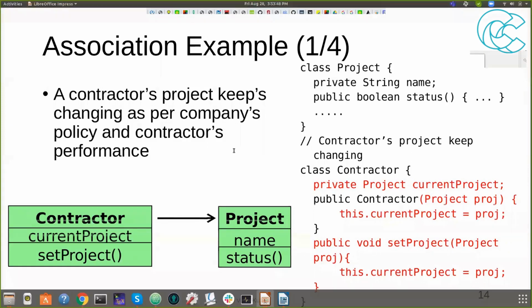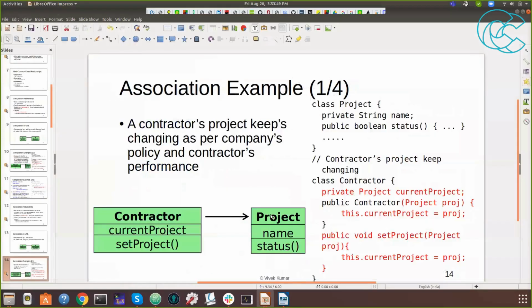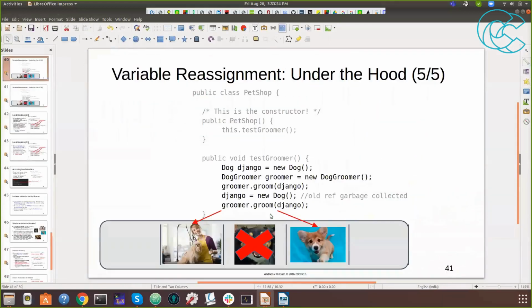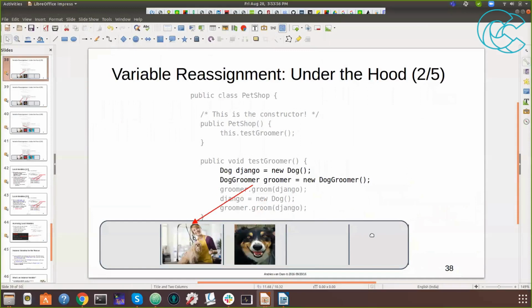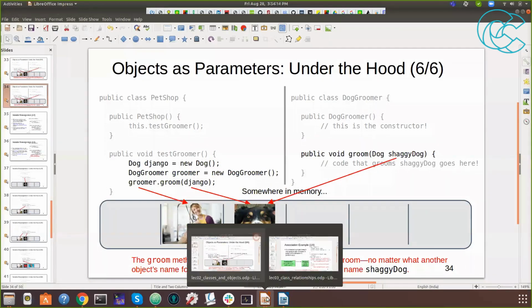Only the reference is deleted, one of them gets deleted. Here, some time back we had the shaggy dog, this one. Similar to this, there are two references, so even the project would have two references to it. If you delete one of them, in the sense, let's say this one dies, but there is still one reference to this location, so it does not get garbage collected. Okay, thank you, sir.